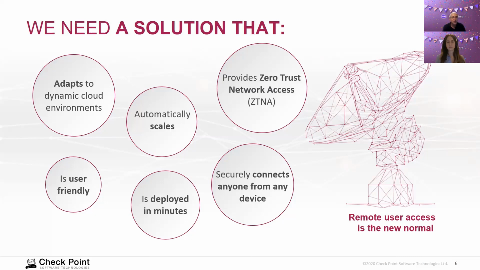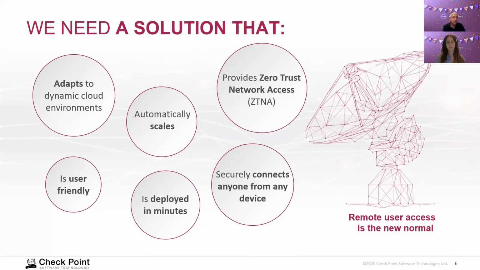We need something that will scale very easily, especially in a world where users are sometimes forced to work remotely because there is some lockdown or shutdown. But it's really true for any IT system. You really want the ability for it to auto-scale. You want it to be user-friendly, of course, and you want to be able to deploy it really, really quickly.